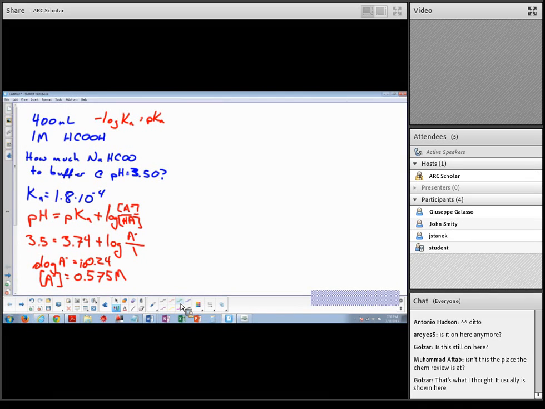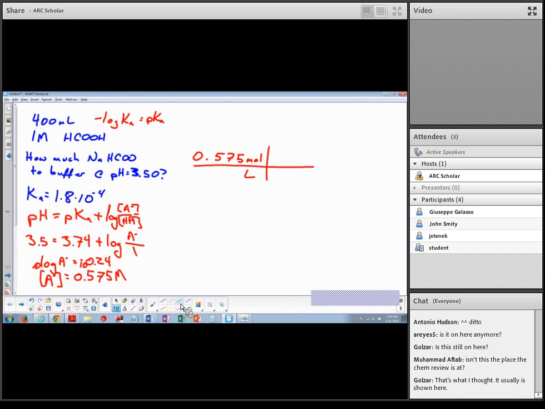So is that the answer? Well, we don't necessarily use molarities, right? If I wanted to know how much of something to add, if this is like a solid salt, how are you going to measure that out? Grams. So if I take my 0.575 moles per liter, how am I going to get that in grams?